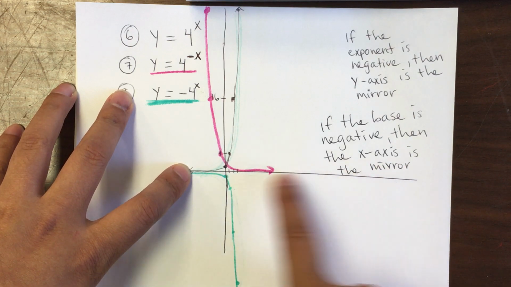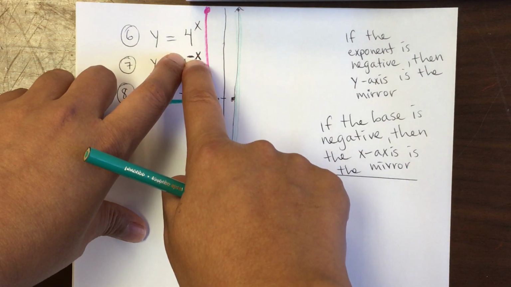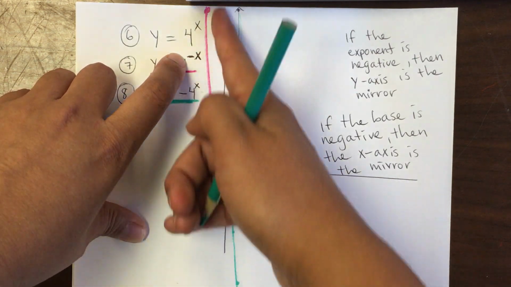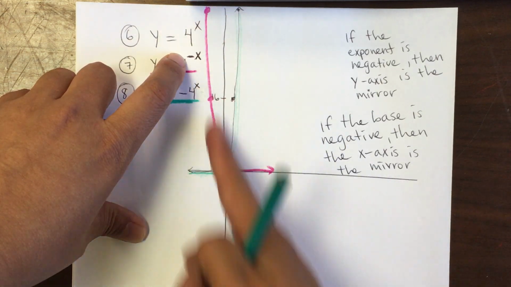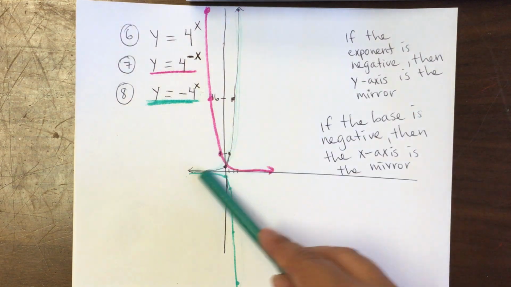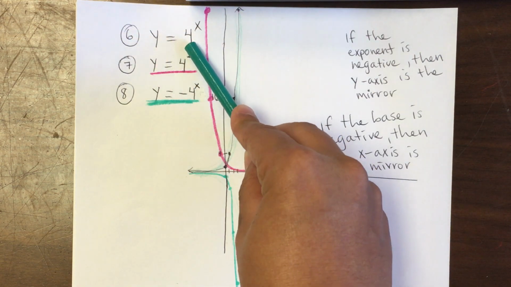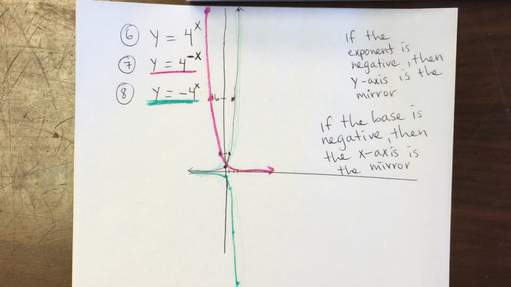Oh my goodness, on the x-axis. Okay, when the exponent is negative, the reflecting line is the y-axis. Okay, and this is my original, which is this equation right here. Almost there.